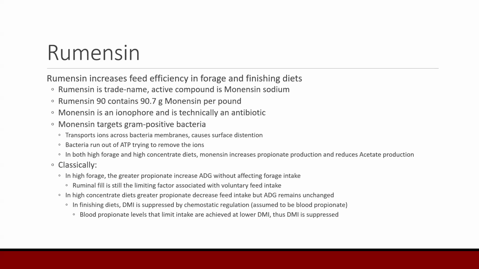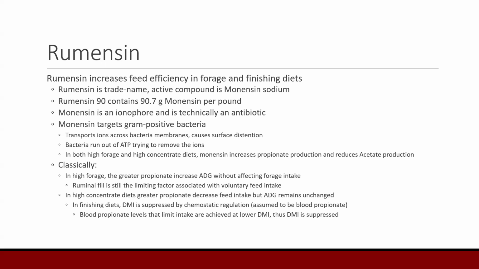So in cattle, the most classic blood regulation factor that's been proposed is propionate. So with higher concentrate diets, they will eat until they achieve some level of propionate concentration in their blood. So when we feed ionophores to cattle in a high concentrate diet, propionate will increase, so they will achieve that threshold at a lower dry matter intake, and they'll stop eating sooner than they would without monensin.